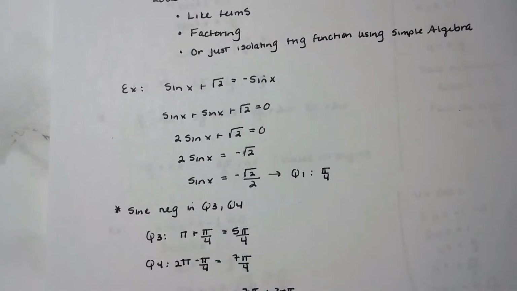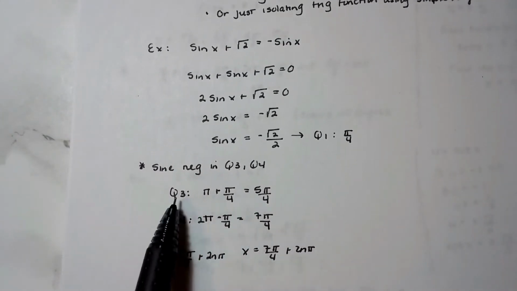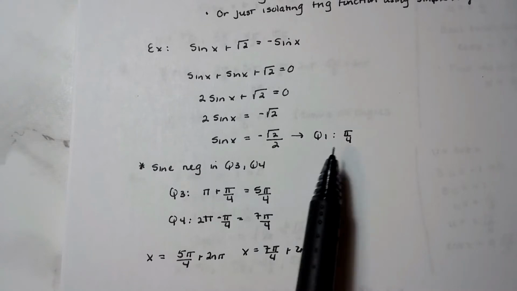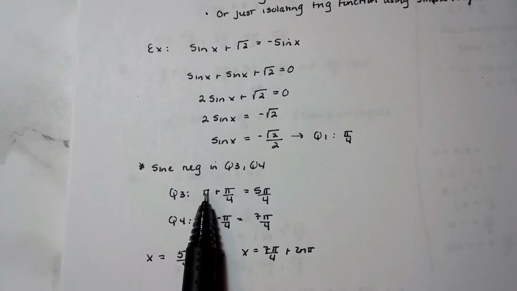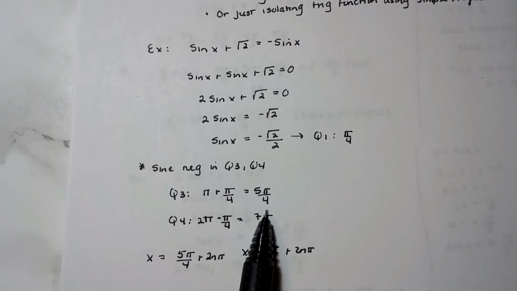Well, to find the actual angle value in quadrant 3, I have to add this pi over 4. So I call this my reference angle because this helps me find the angle I'm supposed to be at. If I want to go into quadrant 3, I have to add it to pi. So I have 4 pi plus pi is 5 pi over 4.